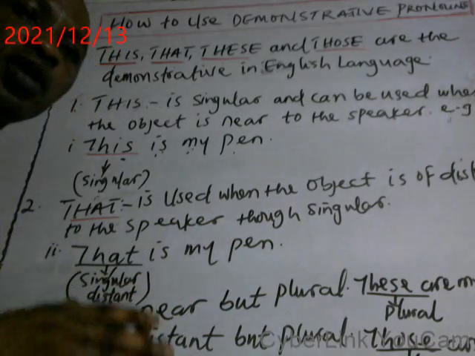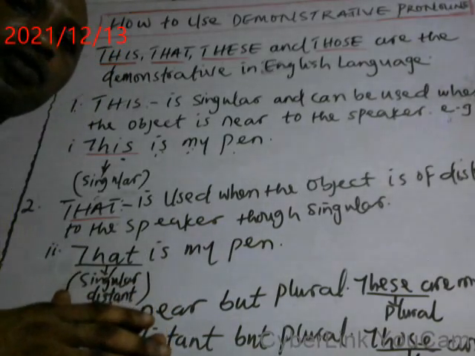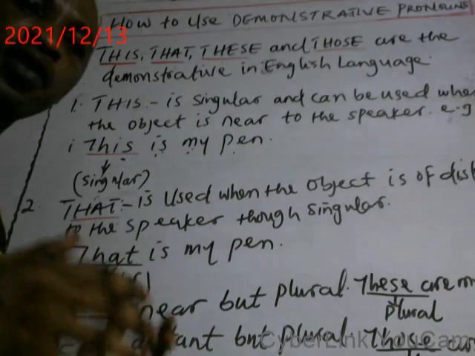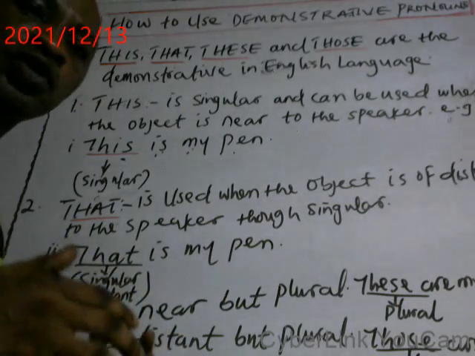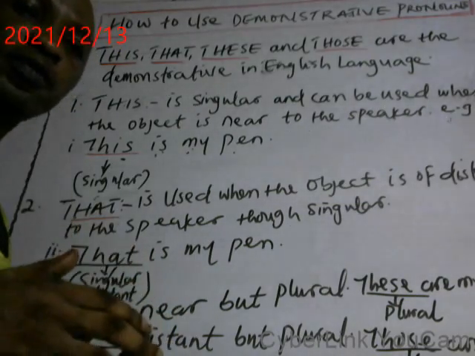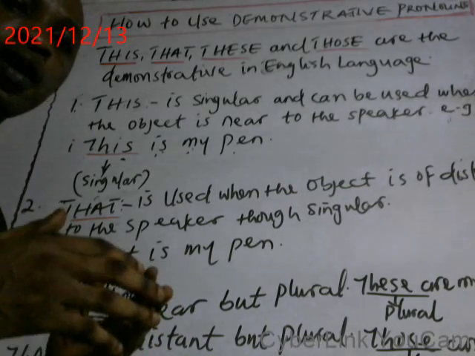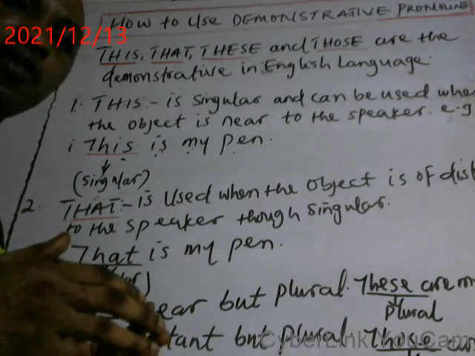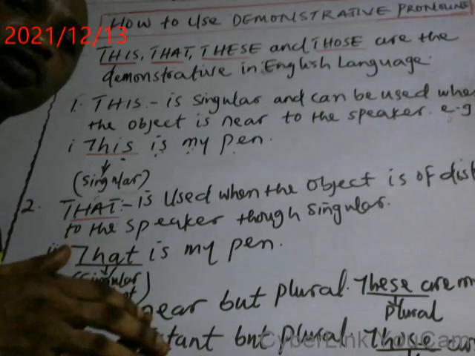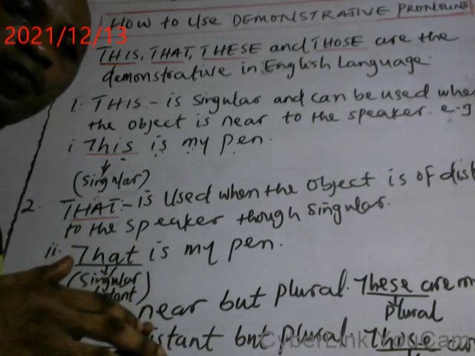So far, what have we said and what have we learned? Let's have a recap of how to use these demonstrative pronouns. Demonstrative pronouns can be used either as singular or what? Plural.